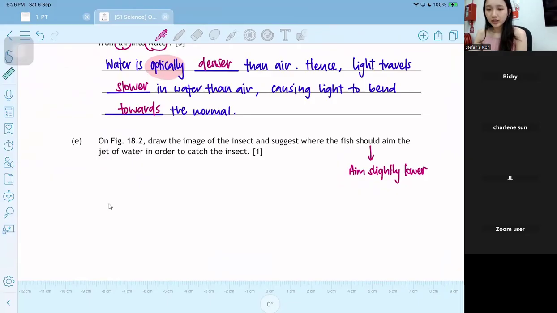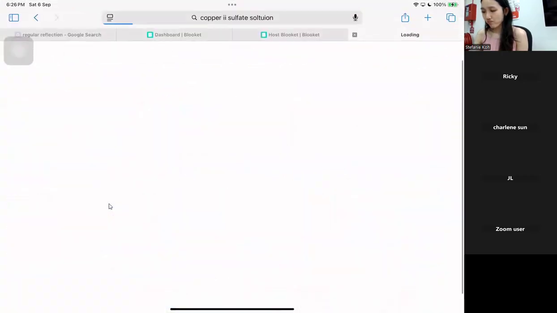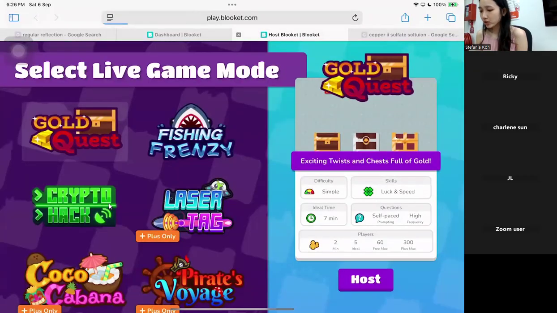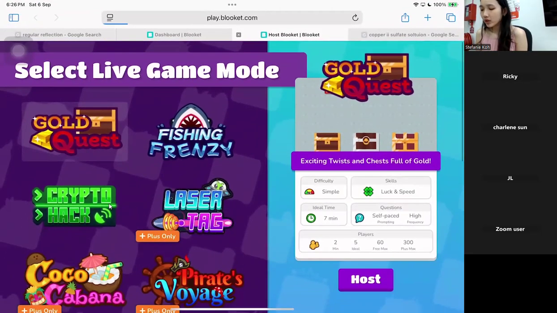Okay, done with this, we will just quickly move on to the booklet. I don't know if it's going to work, okay? So we'll just try. Okay, so take out your phones.